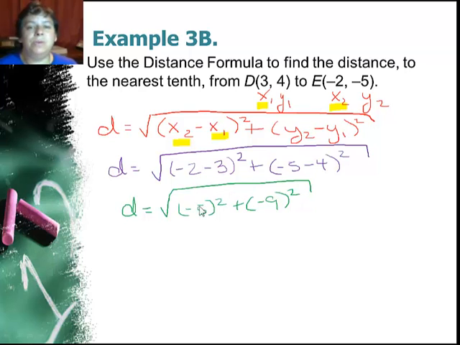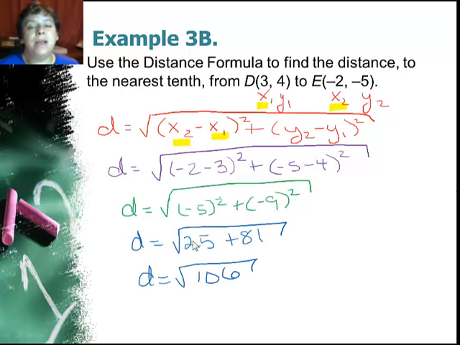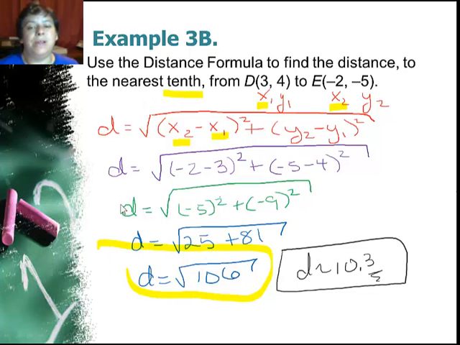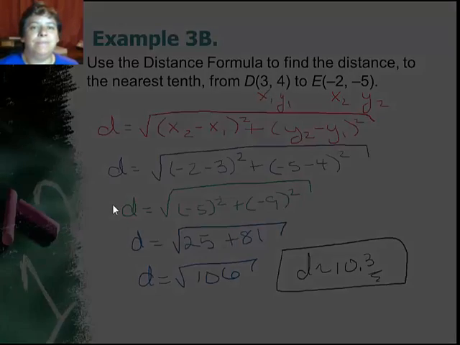Combining the terms there, I get the square root of negative 5 squared plus negative 9 squared. Squaring the negatives, remember those are positive. Adding them up, I get 106. This is my exact answer. But since we want it to the nearest tenth, we use the calculator again. And since it's the same as the last problem, I will get 10 3/10.